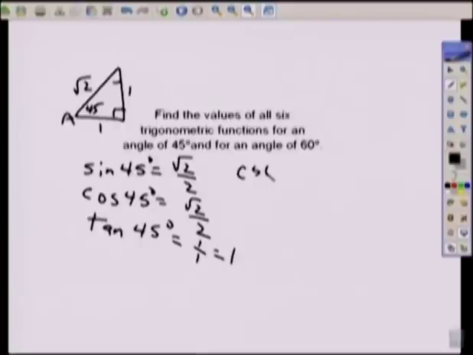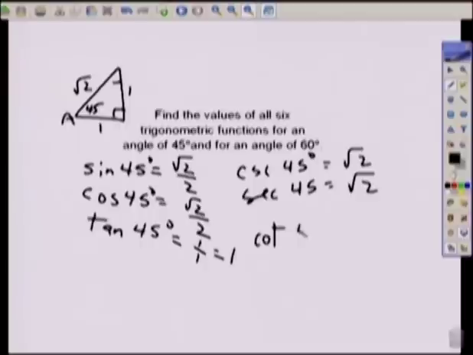So cosecant of 45 would be hypotenuse over opposite. Root 2. Secant of 45, 1 over the cosine, which is also root 2. And cotangent of 45 degrees is 1.